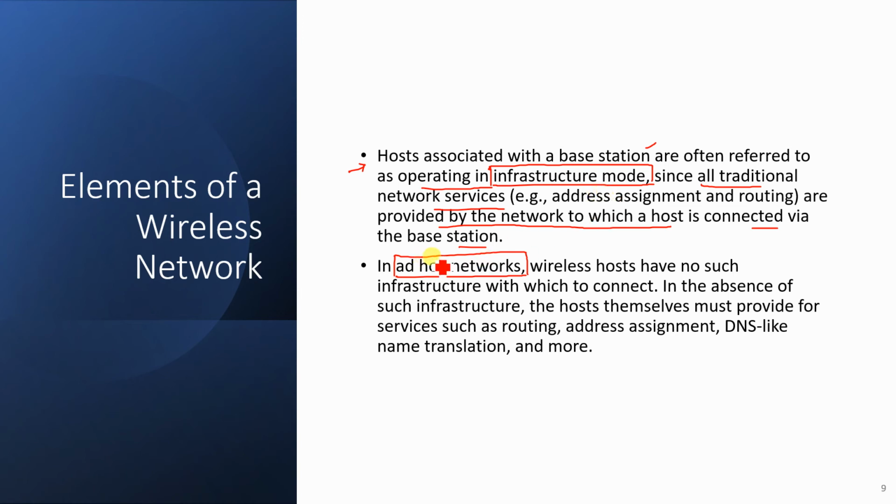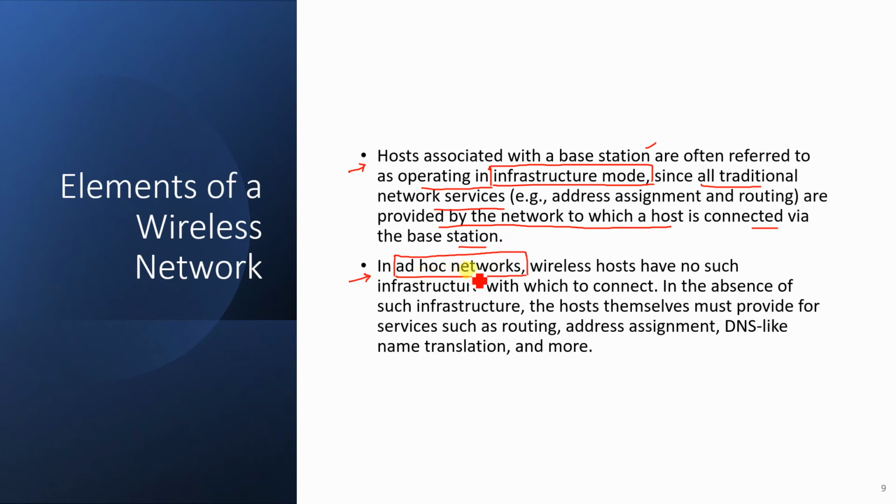But that is not the only way you can communicate between two devices. There is another way, called an ad hoc network. We will discuss these two modes in detail in other classes as well, but for completeness we need to understand these two terms.